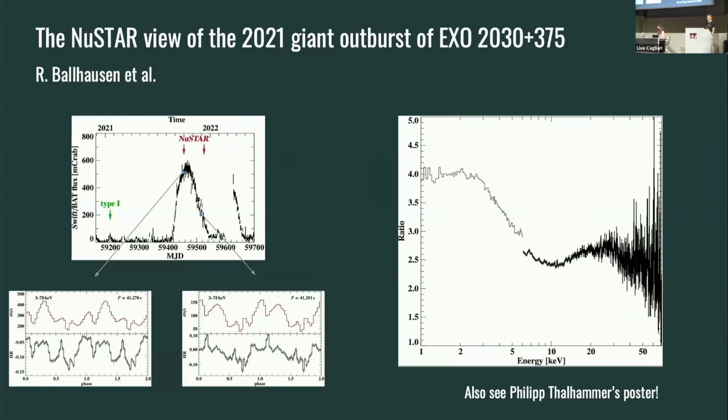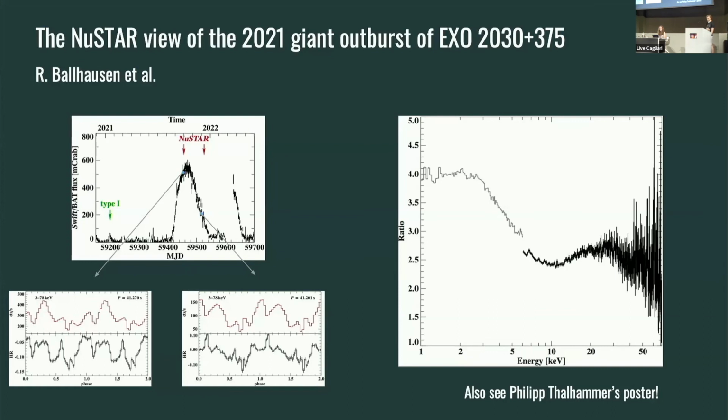Hi, I'm Rolf Ballhausen. I have a poster on EXO 2030, which was in a joint outburst last year. And this is pretty interesting. For example, there are as many as 3 potential cyclotron line claims reported in the literature. None of them are quite certain.